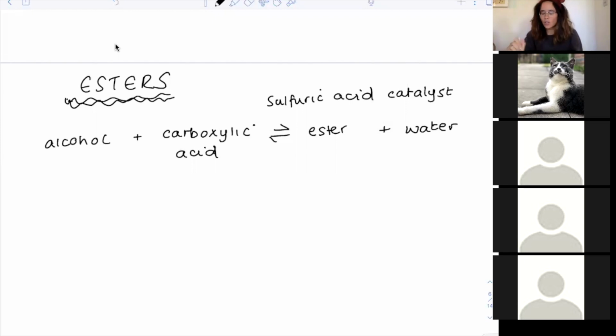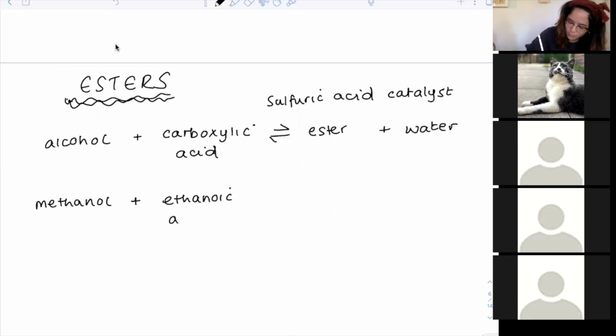Now, before I show you how to draw them, we need to understand how we're going to name the ester. So I'm just going to pick an alcohol, which is methanol. Just as an example, I'm going to add it to a carboxylic acid, ethanoic acid. And now we need to work out what this is going to be called.